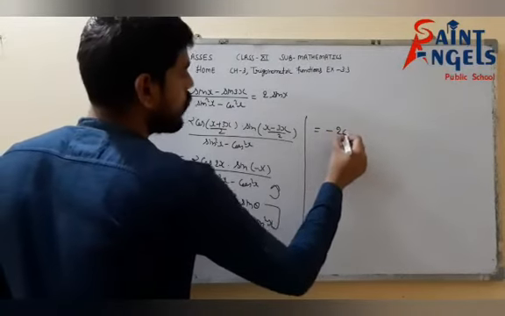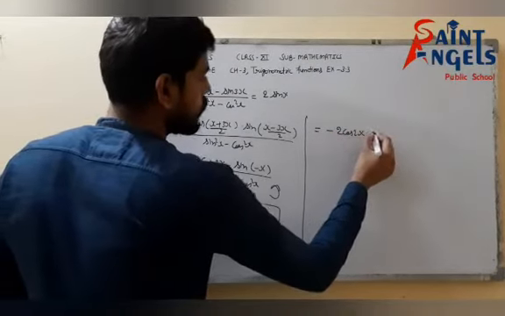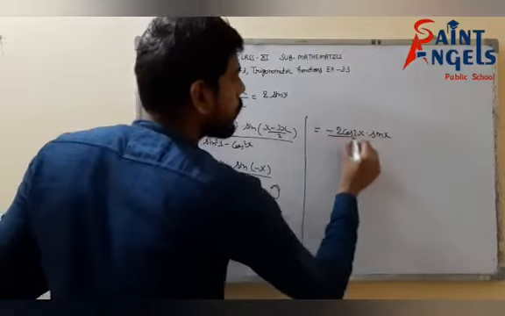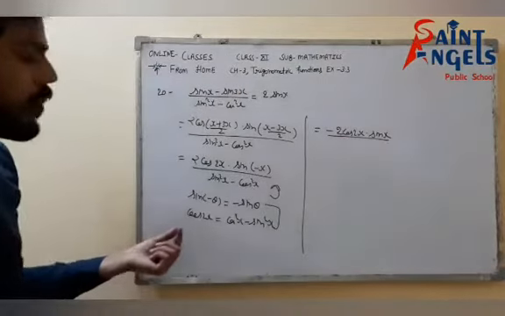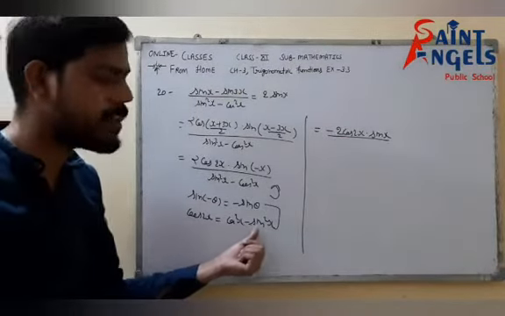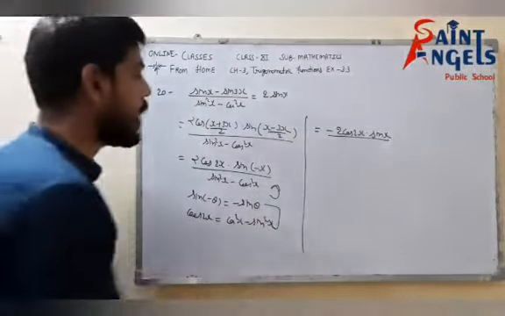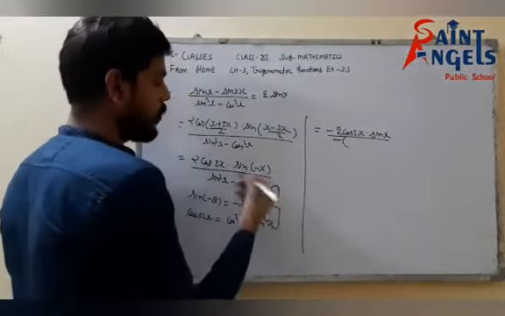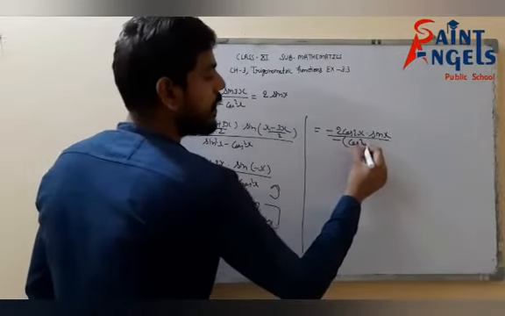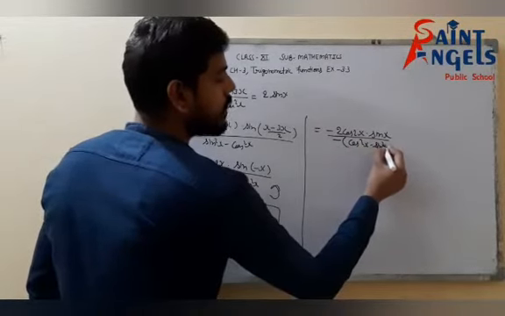So minus 2 cos 2x into sin x upon, beta, the formula of cos 2x is cos square x minus sin square x, but I have sin square x minus cos square x. So from here I am taking minus as common, so it would convert into cos square x minus sin square x.